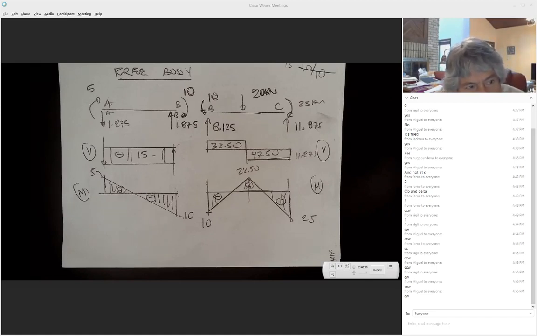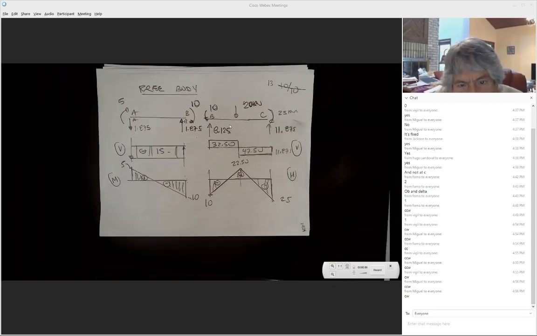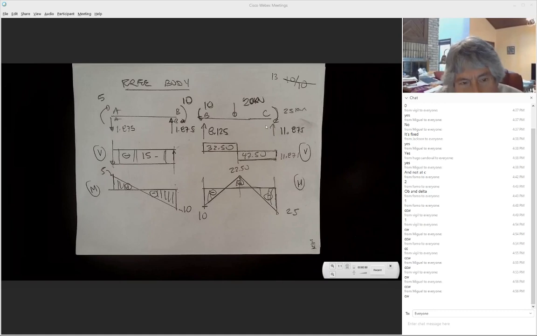If you apply moment about this point, you add 10 to 5 and divide by this span. That gives me 1.875. The computation of the reaction, we had 10, we had 25, and we had the load in here. The computation of the reaction is the same way that you compute any reaction.